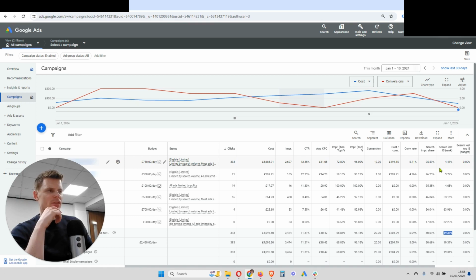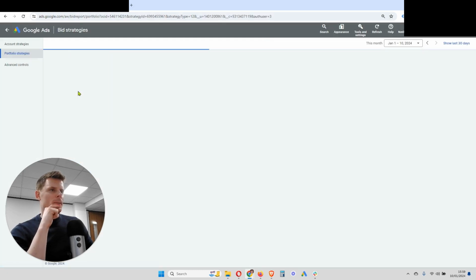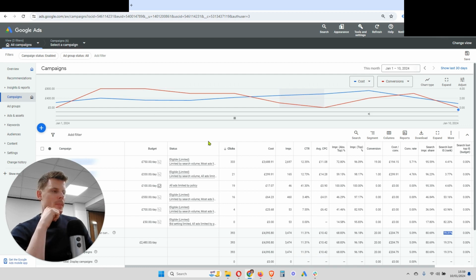In this case, that is controlled by a portfolio bid strategy, which I can open up in a new tab. So we're just going to go to bid strategies here and quickly take a look. We can see the target here is £200, and that's been an increase from £150.